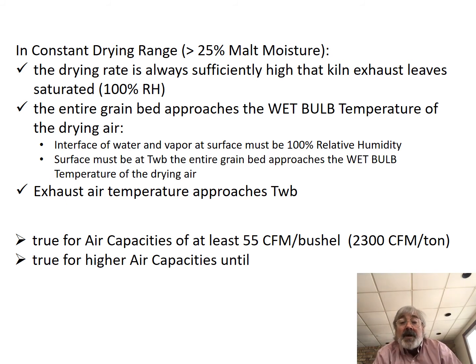It has to be. And if you're at 100% humidity, you have to be at the wet bulb temperature. Your dry bulb temperature and your wet bulb temperature have to be the same. It's a must. Okay? So physically, your grain bed is going to want to become the wet bulb temperature of the drying air, and that will also be the exhaust temperature. Your exhaust air temperature as well. Okay?